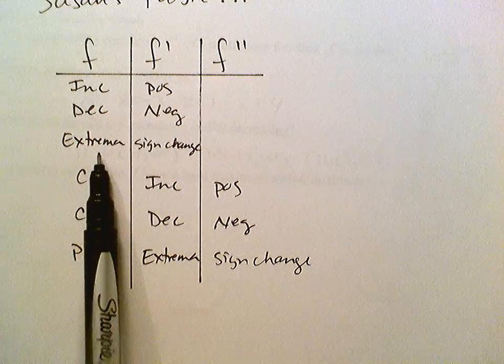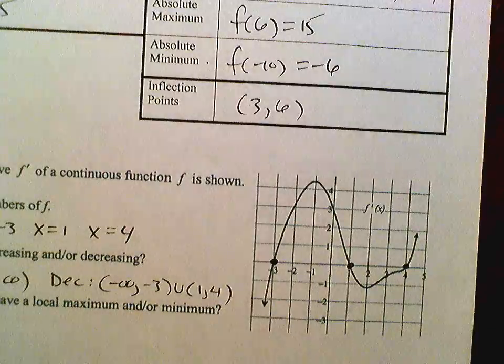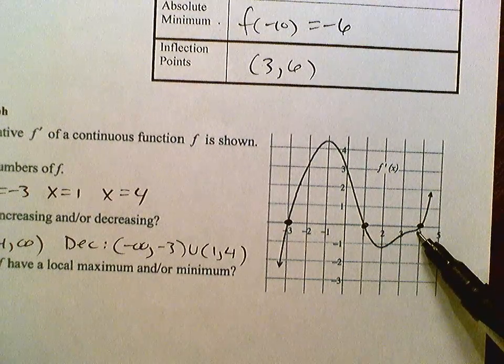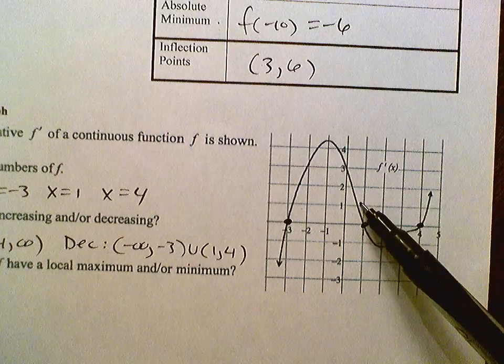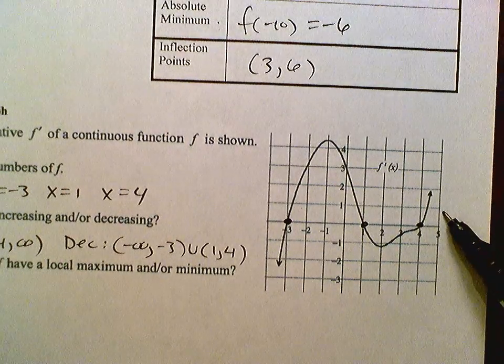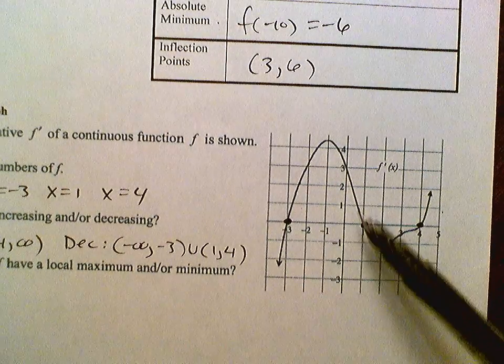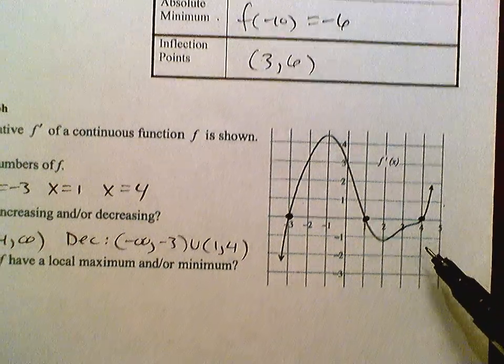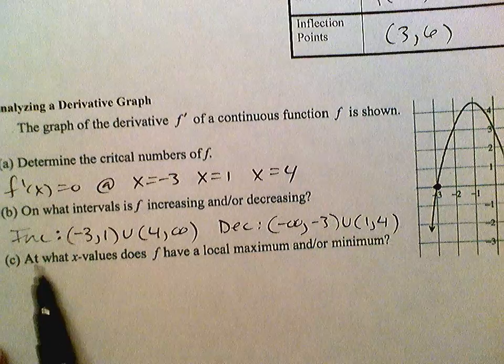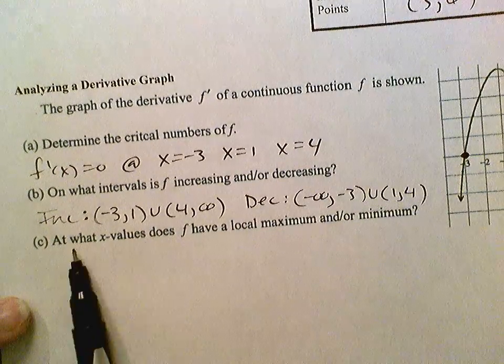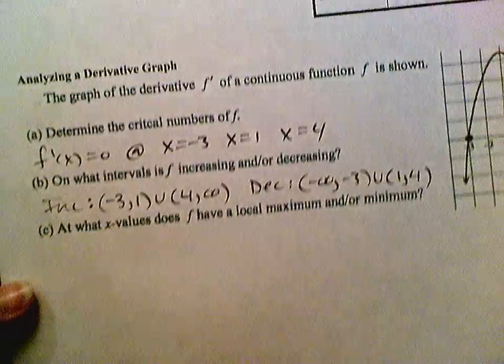That means we have a max or a min. So at each of these three critical points or critical numbers, there's a sign change, negative to positive, positive to negative, negative to positive. So I know I have extrema at all of these points, but which are maxes and which are mins?